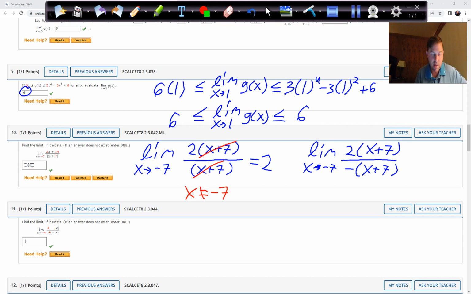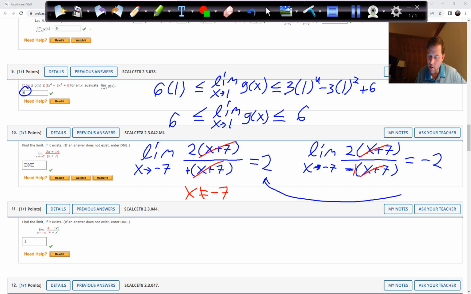Because if this x plus 7 was negative, then it would become positive, I'd get the same answer. So you have to set up one where this is positive and one where this is negative, and then analyze it. So again, this is going to cancel, but you're going to have a -1 in the denominator, so this is going to equal -2.